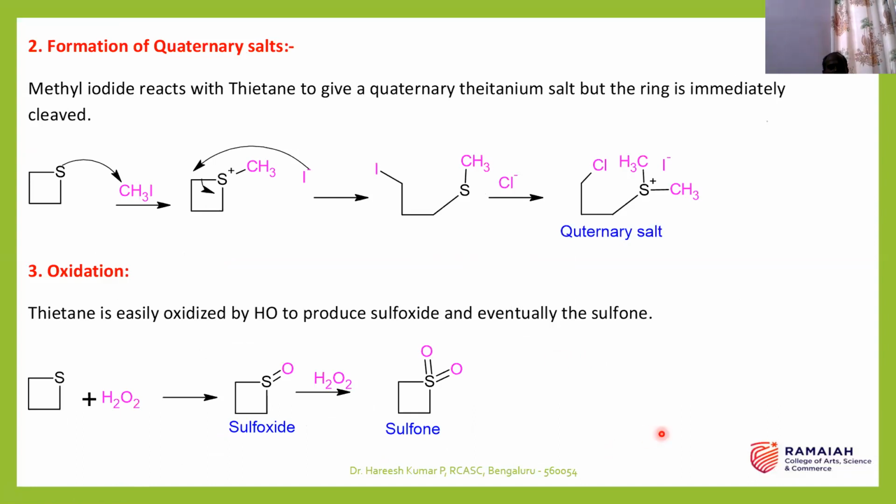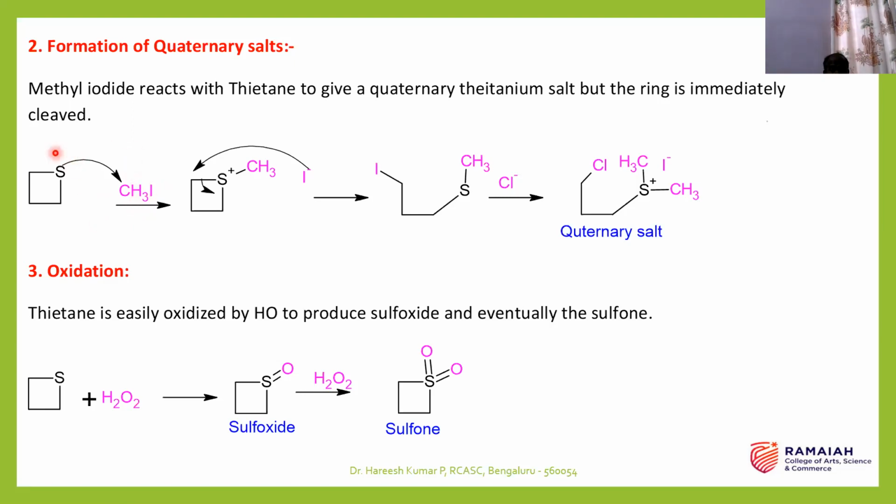Now you can look into the formation of quaternary salt. Here the thietane is treated with an alkyl halide. I am taking methyl halide as an example, but one can take ethyl bromide, benzyl chloride, bromide or iodide, whatever it is.